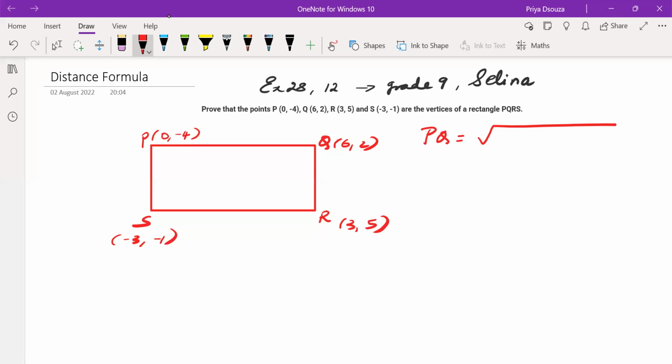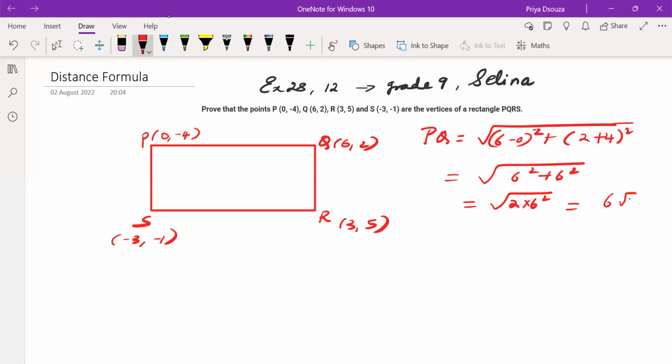So if I take P as (x1, y1), Q as (x2, y2), I get PQ as the square root of (6 minus 0) the whole square plus (y2 minus y1), that is 2 minus of minus 4, which is plus 4, the whole square, isn't it? That would be 6 square plus 6 square. That's root of 2 into 6 square. And 6 square comes out of the radical as 6, so 6 root 2.